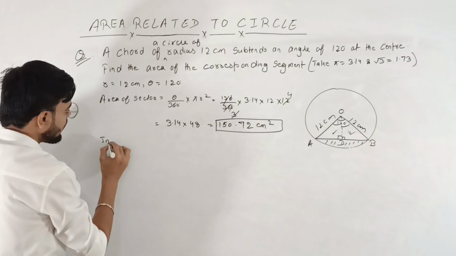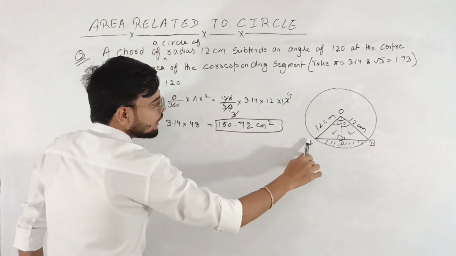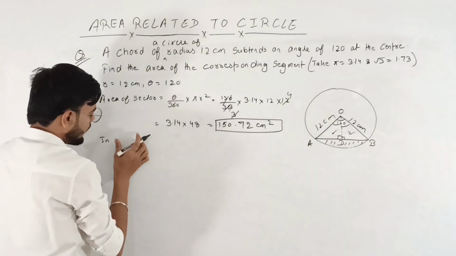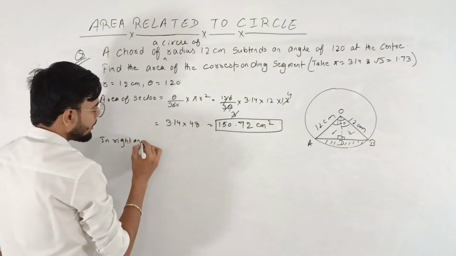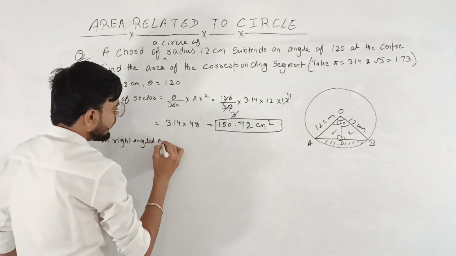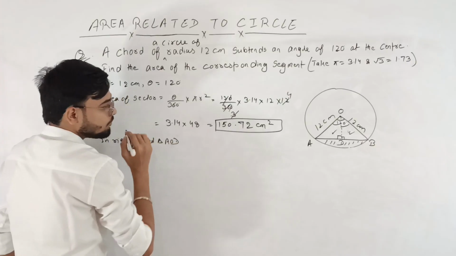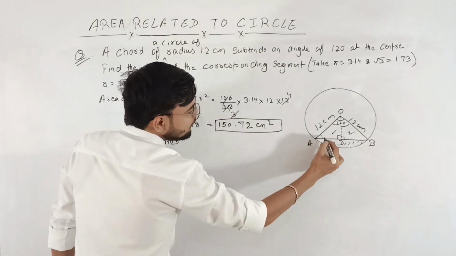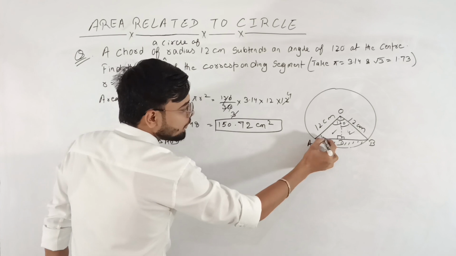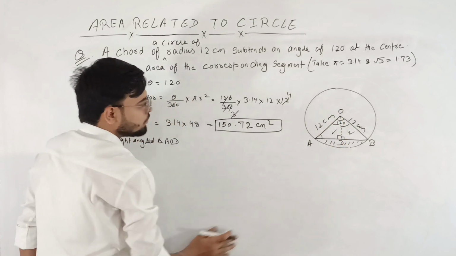So now in triangle AOD, this is a right angle triangle. So in right angle triangle AOD, we use the angle sum property first to find this angle OAB.